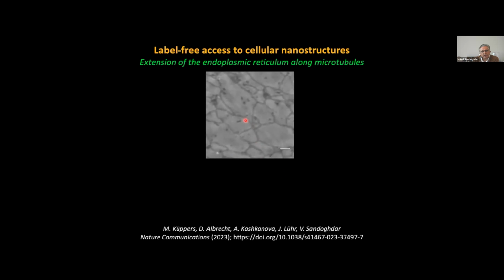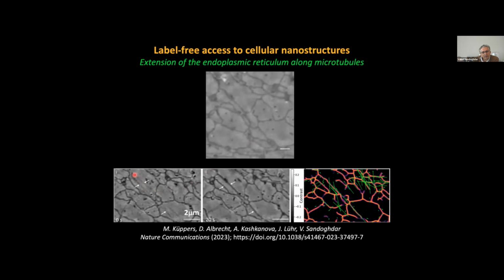Here is a zoom into that region, and again, the dark regions are the ER, and then once in a while, if I run the movie long enough, you will see faint ones, there it was, that are the microtubules.